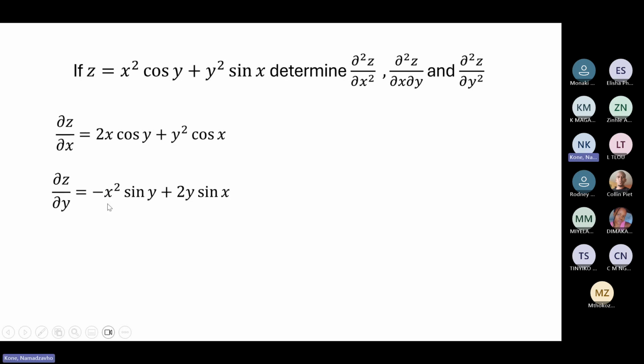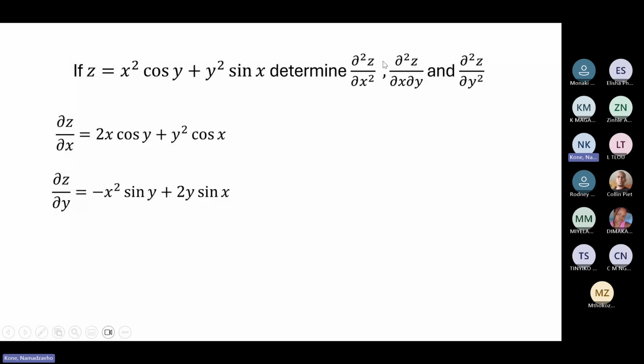The x squared remains as it is. Cos changes into sine y, and we get this first term. In the second term, sine x remains as sine x. The y squared is the one that we are differentiating, so we get 2y. That's why the first order derivative with respect to y is minus x squared sine y plus 2y sine x.